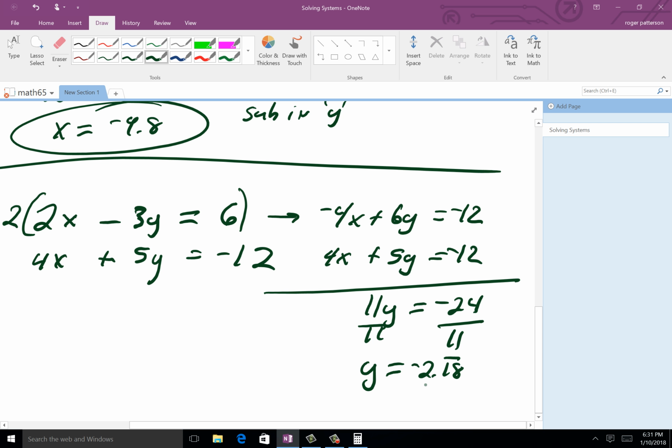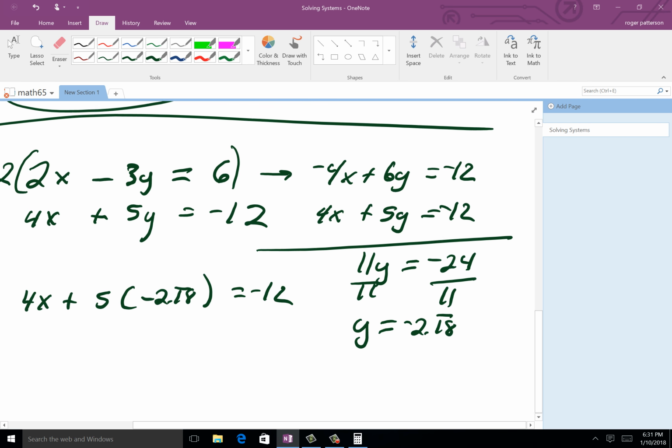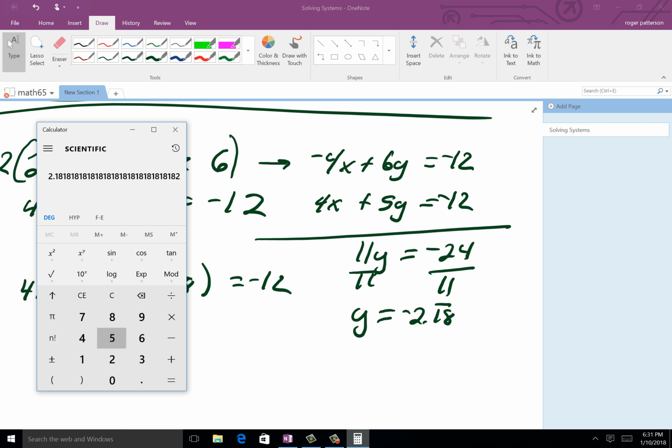Okay, so now that I know what y is, I got to find x. And I have choices. I can go to this one, I can go to this one, or I can go to that one. Okay? And it really doesn't matter. I have a negative 3y. Maybe I don't want to do that. Maybe I'll put it in this one this time. 4x plus 5 times negative 2.18 repeating equals negative 12. 5 times 2.18.